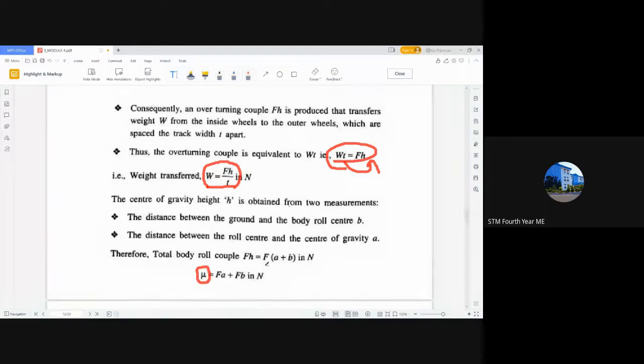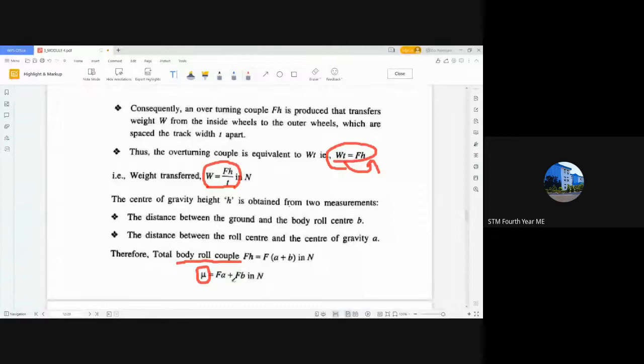So what is mu? Mu is the body roll couple. Write down, where mu is equal to body roll couple.